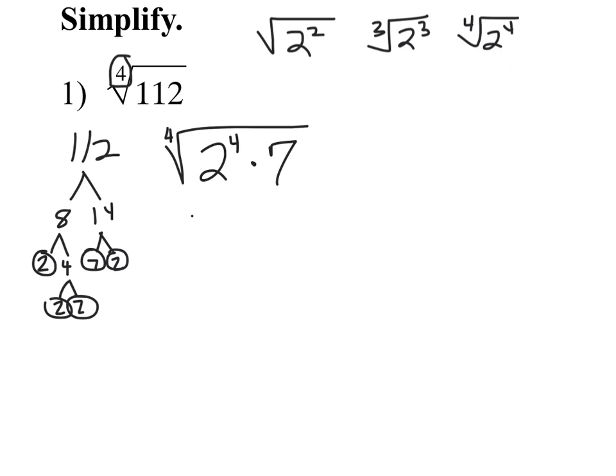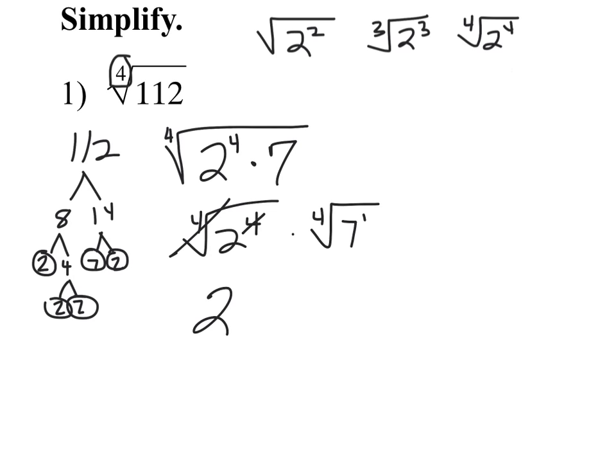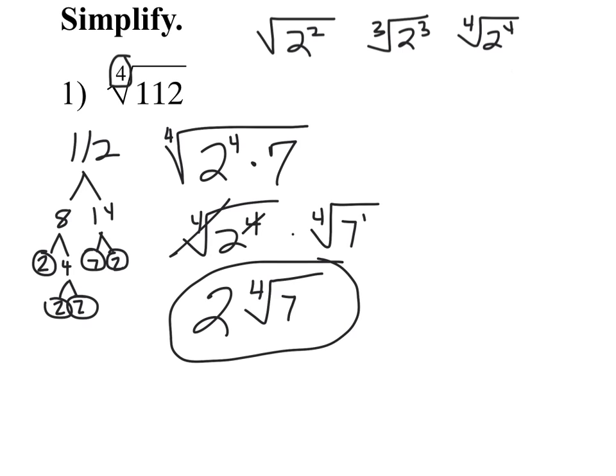So essentially, this is the 4th root of 2 to the 4th times the 4th root of 7 to the 1st. The 4th root and the 4th power are going to cancel. The 2 is going to come outside. The 7 stays inside. And this guy right here is your final answer.